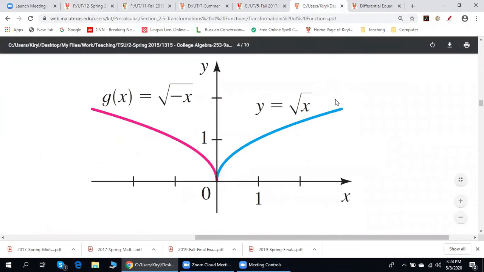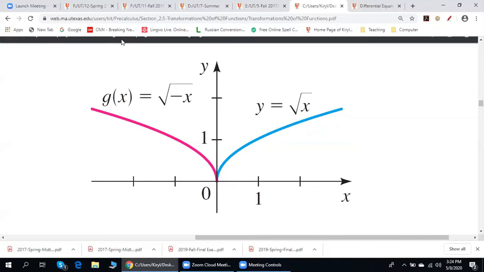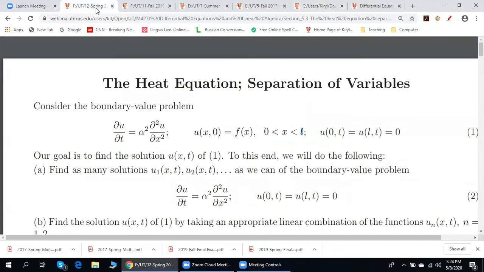On the right, the graph of g is same as the graph of f. In order to obtain the graph on the left, we rotate the right-hand side graph 180 degrees about the origin. The new function g will be odd.